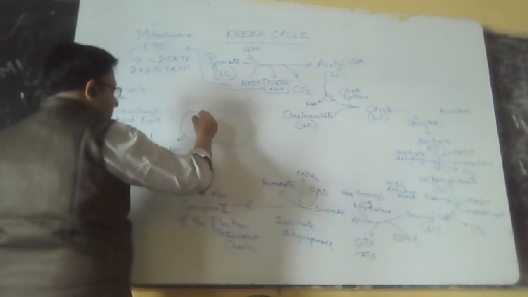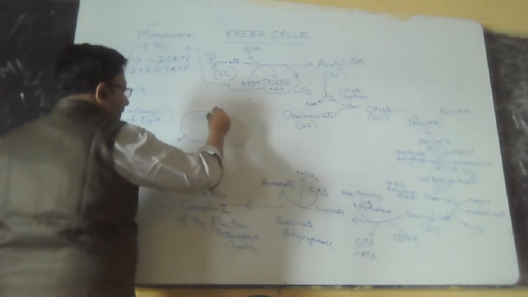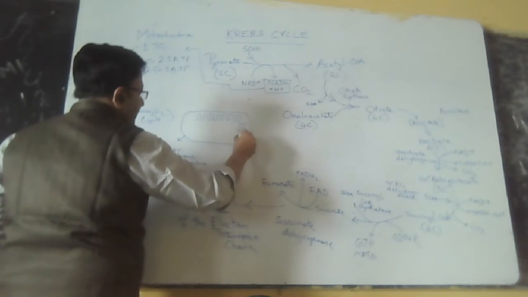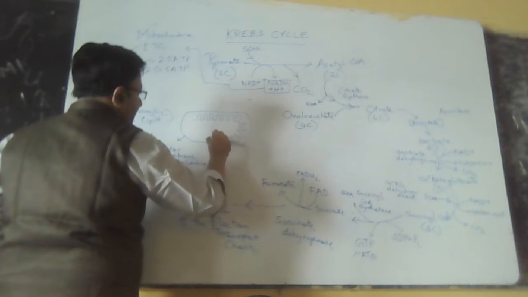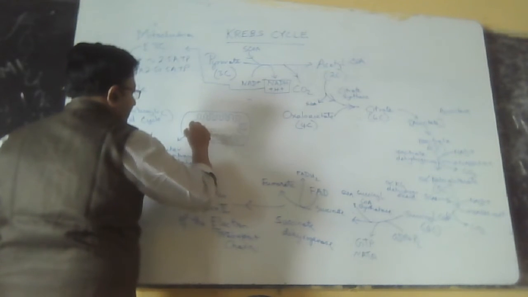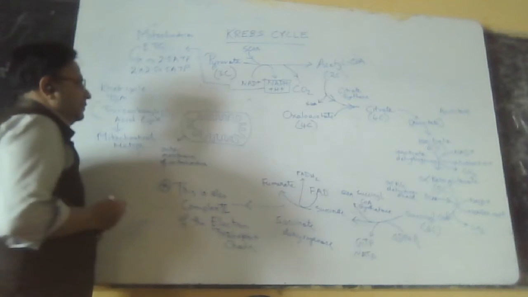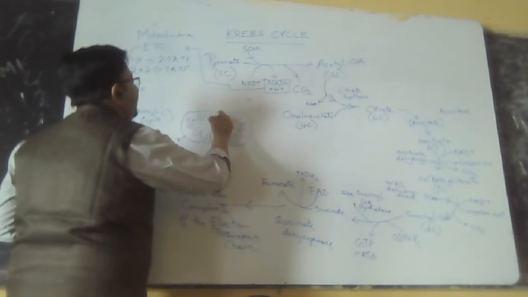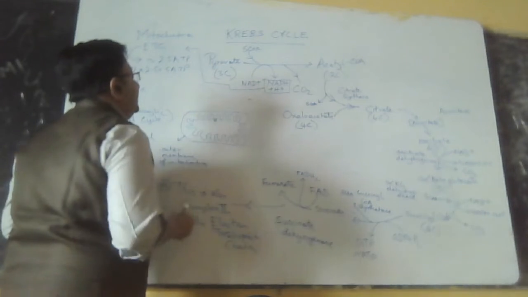And the inner membrane of mitochondria is folded into finger-like projections known as cristae. The succinate dehydrogenase complex is located here.